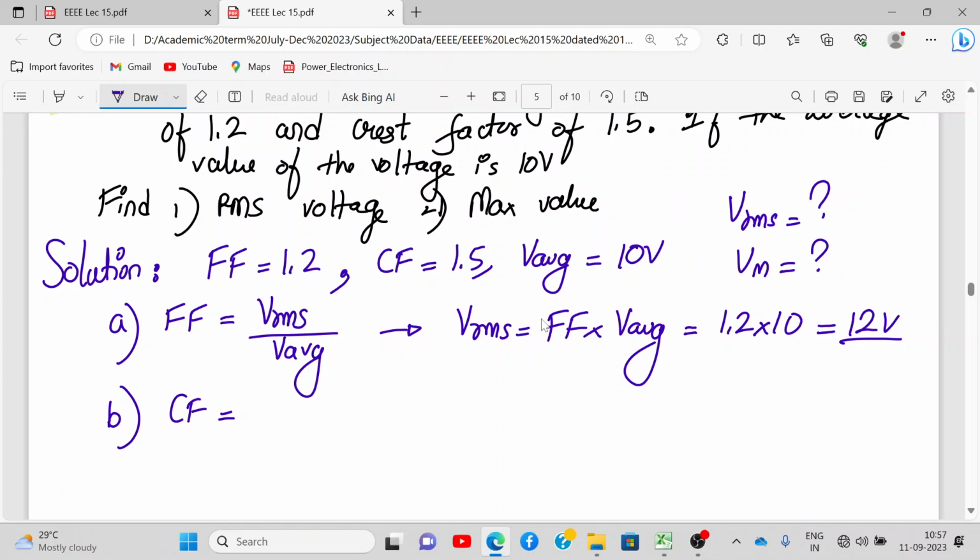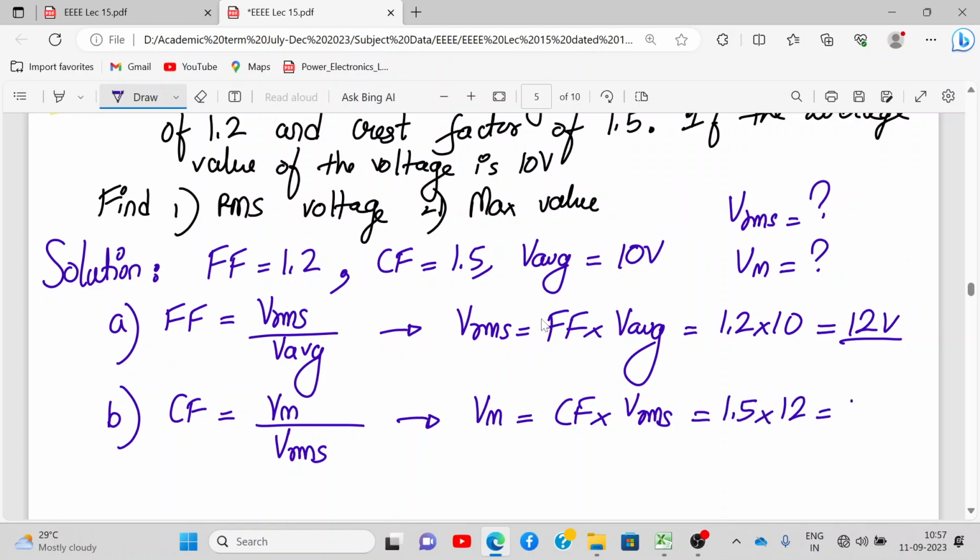Crest factor is what? Peak value divided by RMS. So VM will be crest factor into VRMS, which will be 1.5 into 12. So this is 18 volt. Did you get it? That's it. That's the end of numerical.